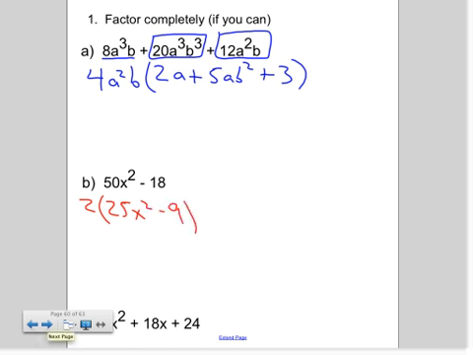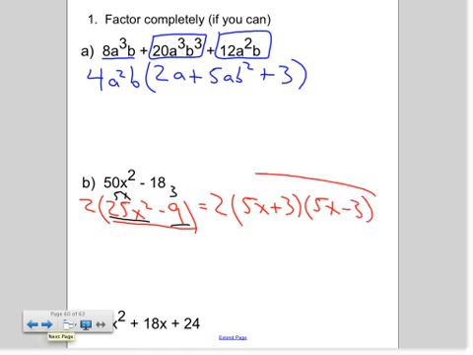Then I look at the stuff inside the parentheses, and hopefully you're getting better at recognizing this is a perfect square, 5x, and this is a perfect square, the square root of that is 3, and since it's a difference, our shortcut, with the 2 staying out in front, is (5x + 3)(5x - 3). That would be the factored form of 50x squared minus 18.